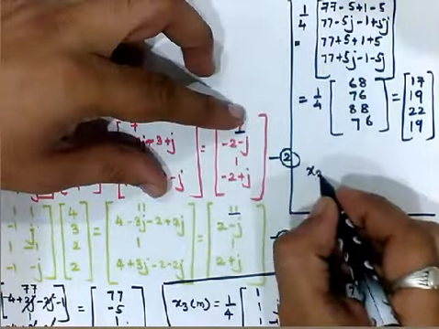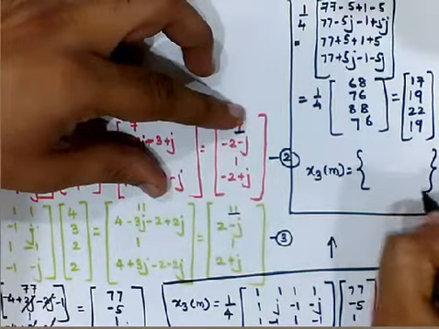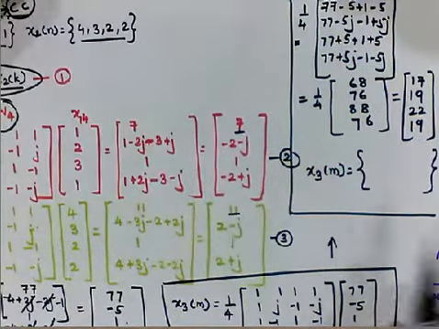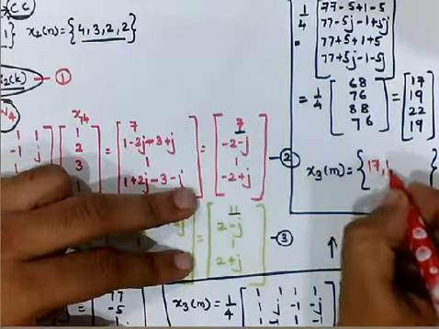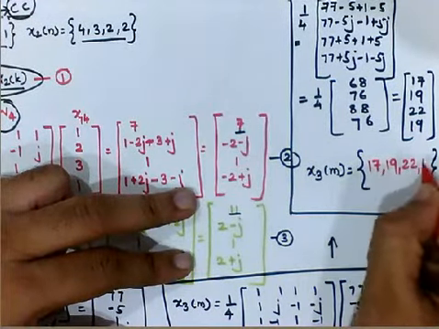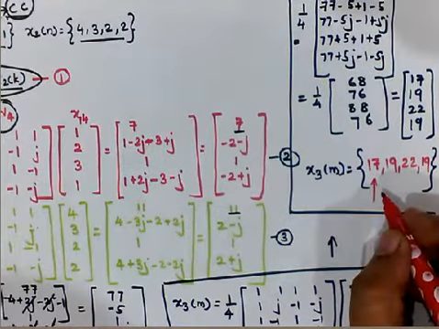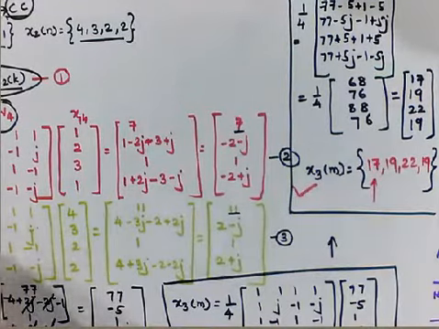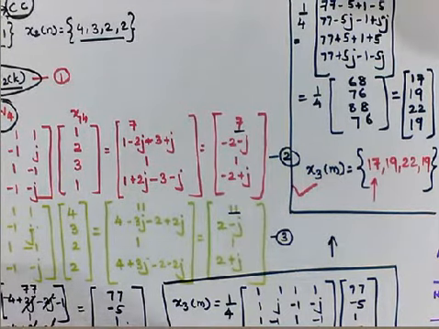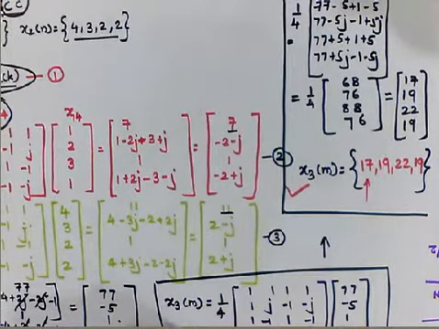So finally the x3 of m will be nothing but these 4 values, that is 17, 19, 22 and 19. So this is how x3 of m is calculated, and with the help of the DFT IDFT approach we got the circular convolution. So that is all about the circular convolution.